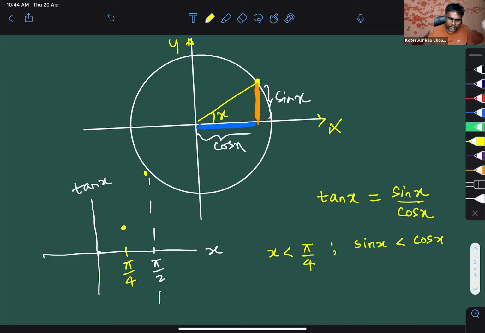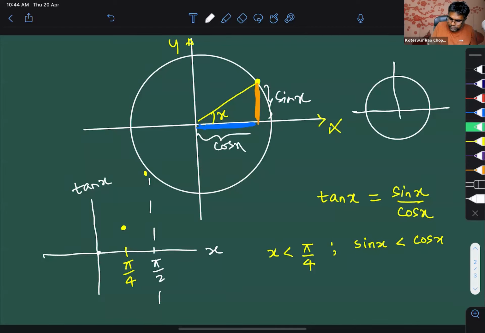Why am I saying this? If you take 45 degrees, let's say in a circle, if you are below 45 degrees, what will happen?